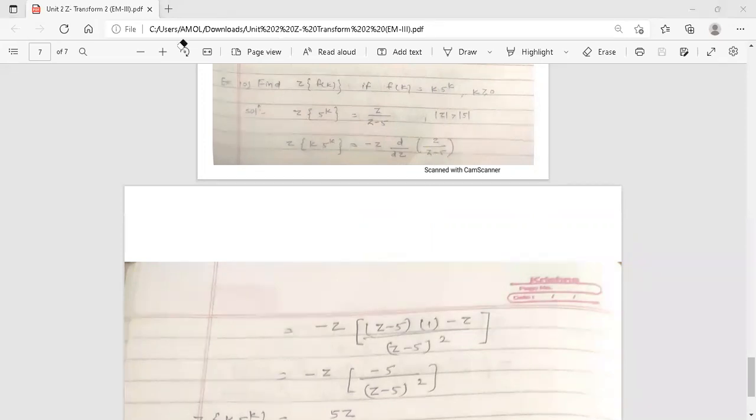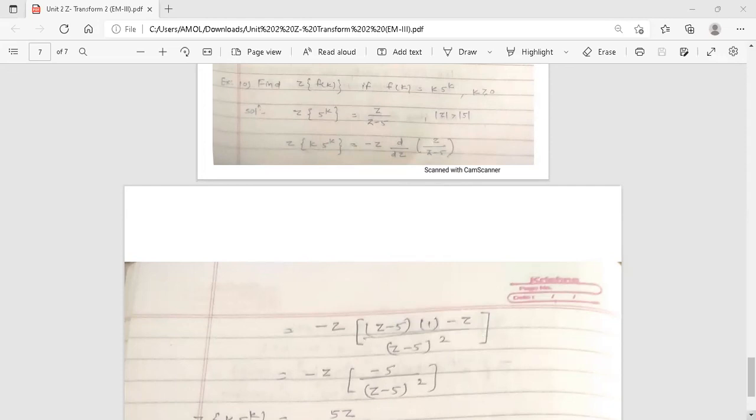So v as it is, z minus 5 as it is, into derivative of u, derivative of z is 1 with respect to z, minus u as it is, means numerator term z as it is, into derivative of denominator term. Denominator is z minus 5, derivative with respect to z is 1. So minus z, that is 1 upon z minus 5 whole square.